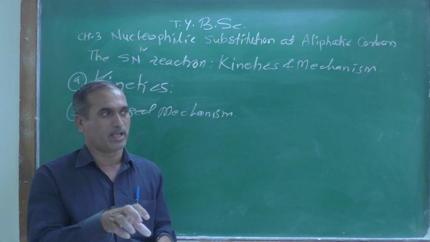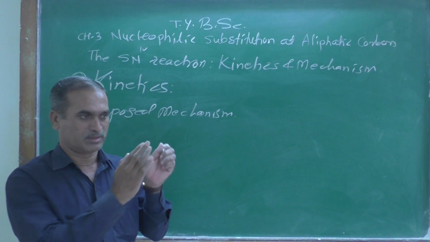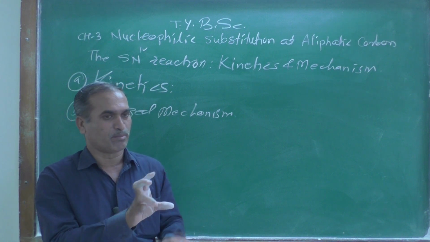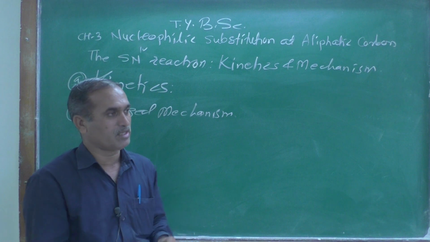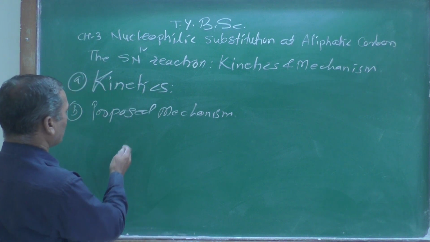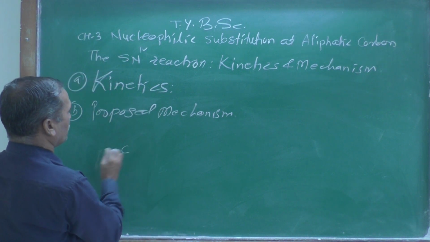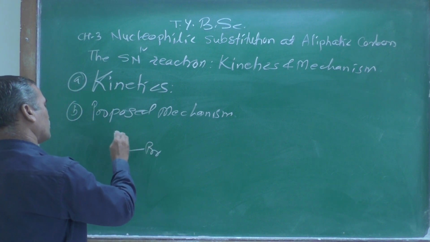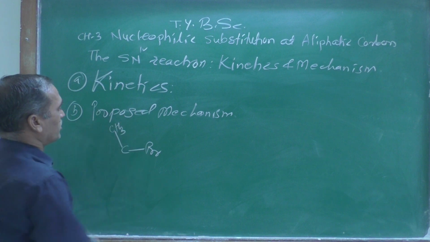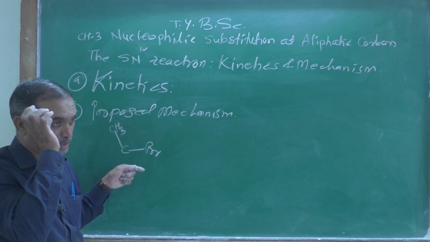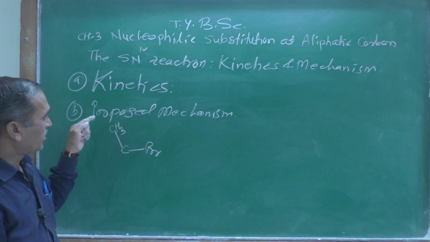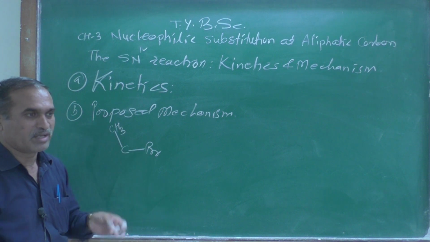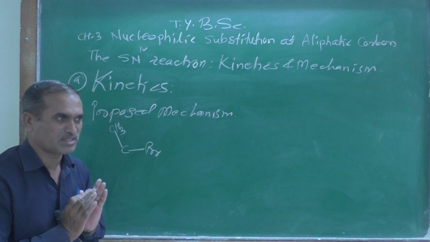You have to study this mechanism by visualizing the three-dimensional structure. Here C, Br and one methyl group are shown by normal lines, which indicates that they lie in the same plane.